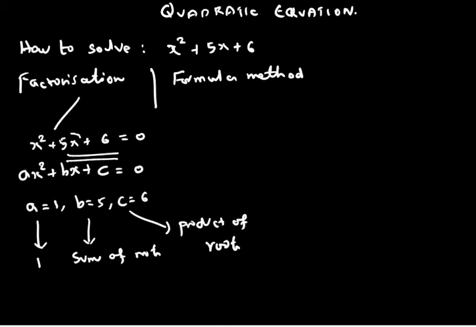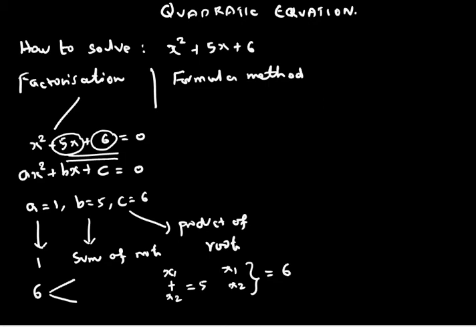We have to build our factors in such a way that they satisfy this form. 6 is the product, so we need to find two numbers, let's say x1 and x2, such that x1 plus x2 and x1 into x2 work out. The product of these two numbers should be 6 and the sum should be 5.